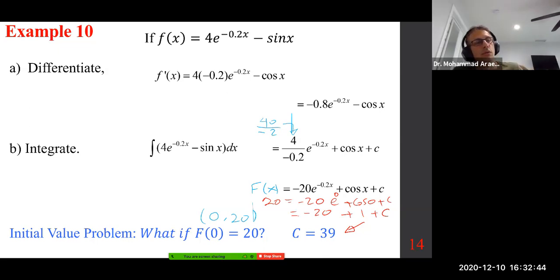Move it and add it to 20 becomes 39. It's a simple case. So differentiation, integration, initial value problem, all of them are considered in one shot. Okay.